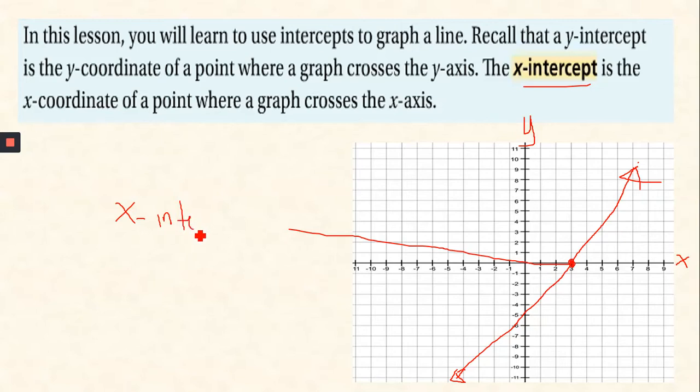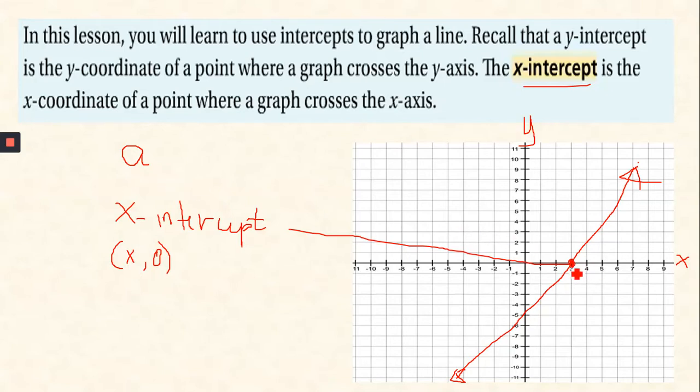Your x-intercept has coordinates of x, 0. What does it mean? It means that your y is always 0. Okay? The symbol for x-intercept is represented by the variable a.